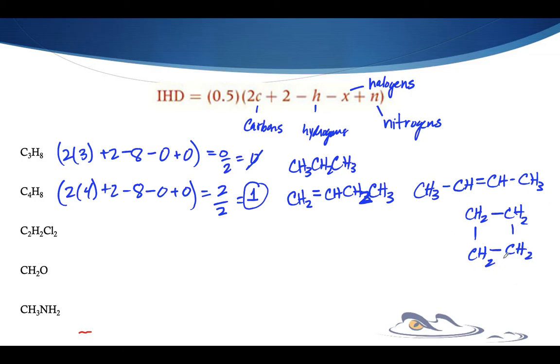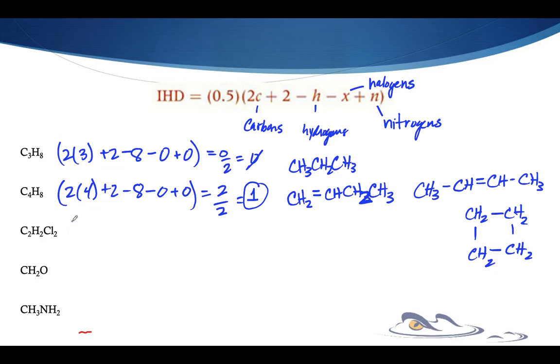Again, does the index of hydrogen deficiency tell me whether it's one of these two or this one? Nope, I would need more analysis to be able to figure that out. But it tells me that it's one of these 3 possibilities right here. That's how a scientist works. We take clues from each of the different ways and we put them together to see which molecule fits the best. Let's try this one over here.